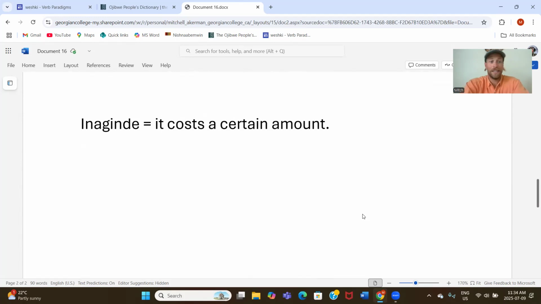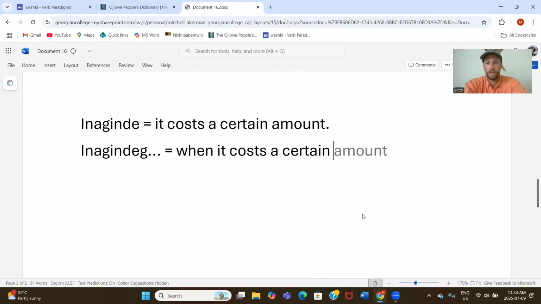Then I can take it and put it into B form. Inagande. Again, this is now a VII that ends in a vowel. So to put it into conjunct order, just B form, plain conjunct, put a G at the end. Dot, dot, dot. It's now like when or if, when it costs a certain amount.